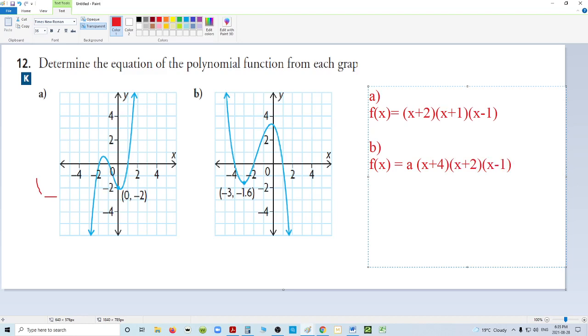And then I'm going to figure out my a from my point given, which, oh, it's tricky, I almost put in 16, it's 1.6, and now minus 3 makes it tricky as well.